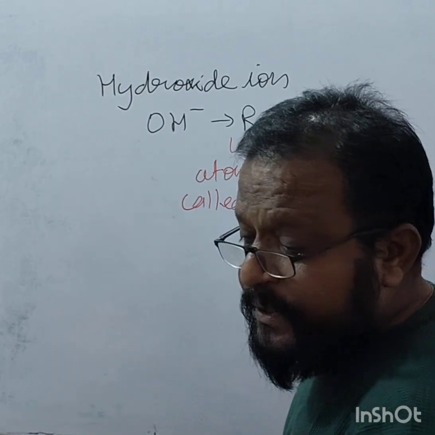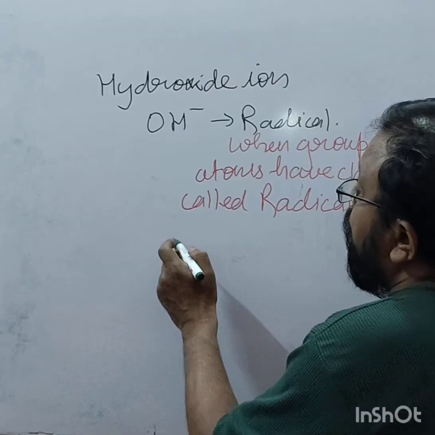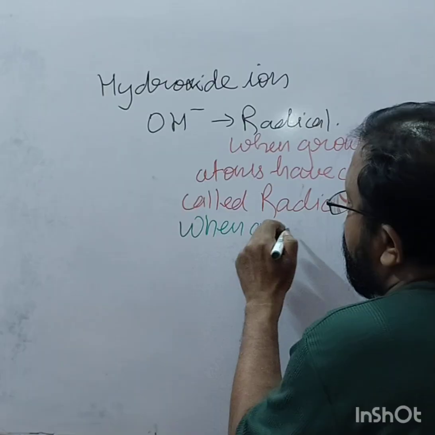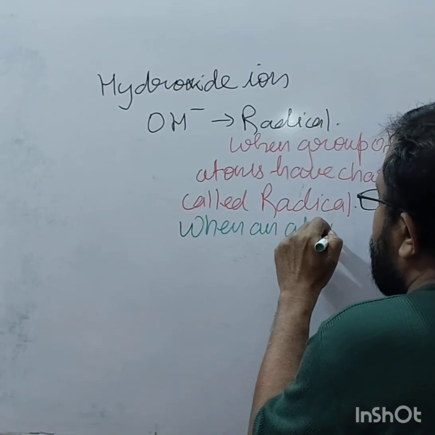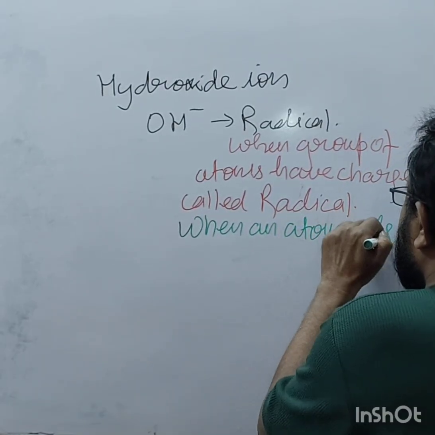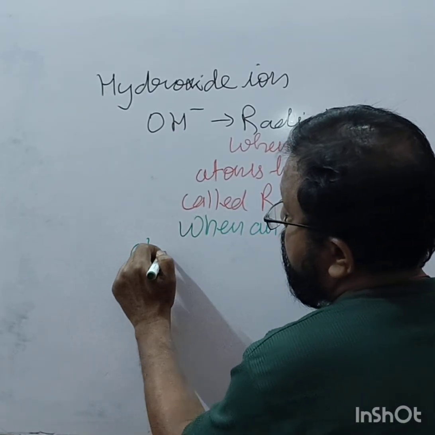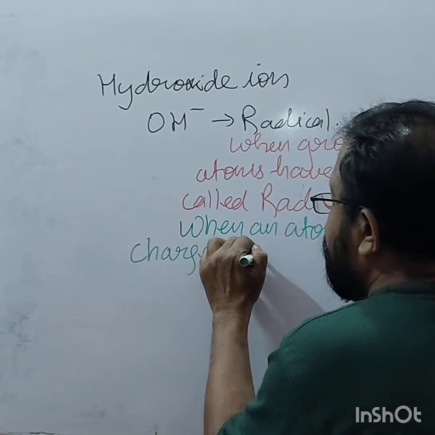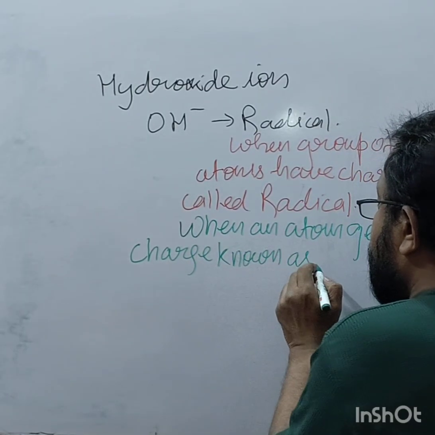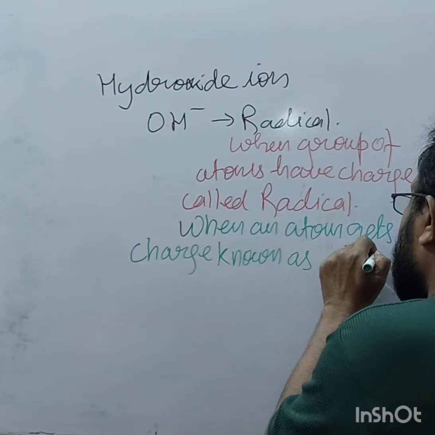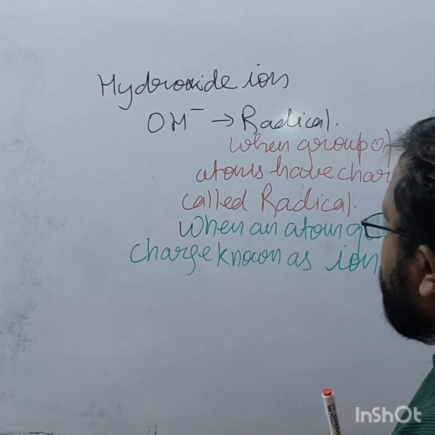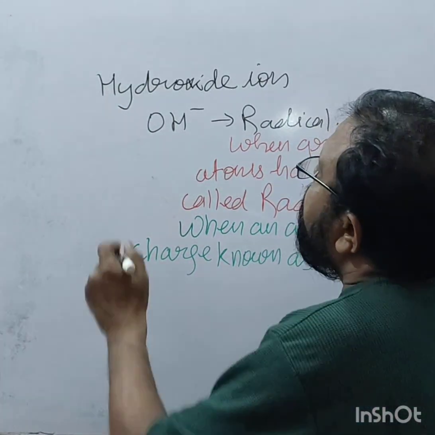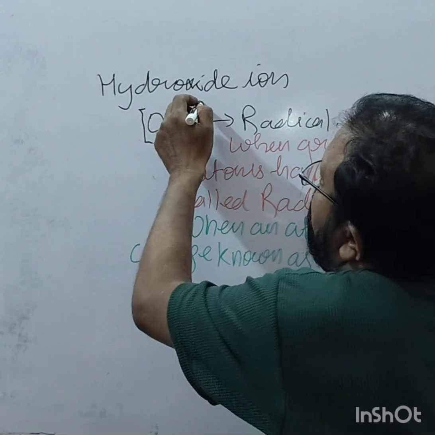And when an atom gets a charge, it is known as an ion, right? Like, so this is a radical because this is a group of atoms, right?